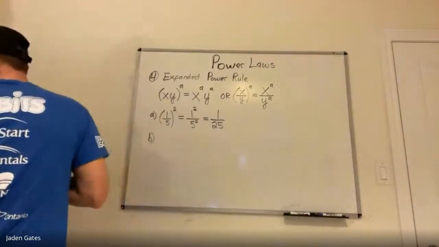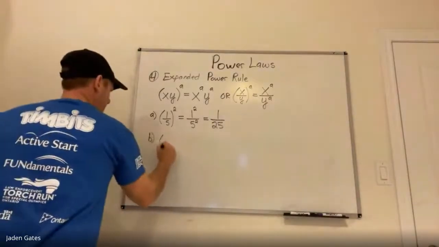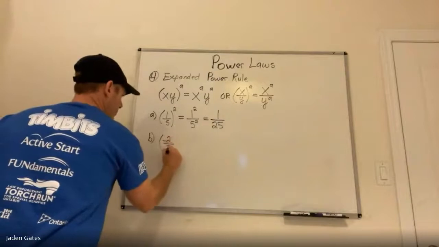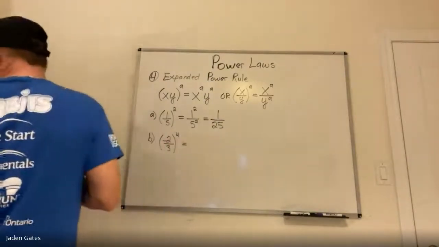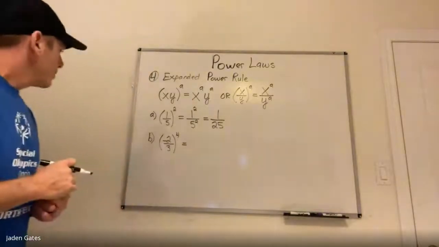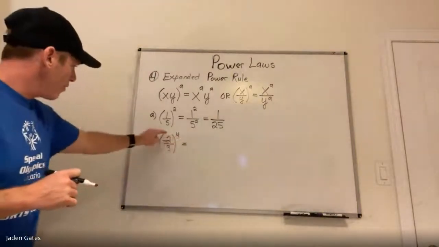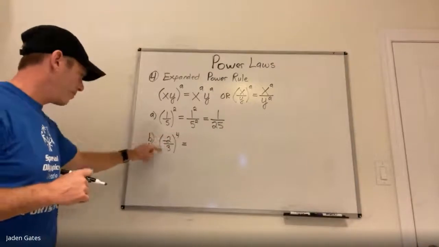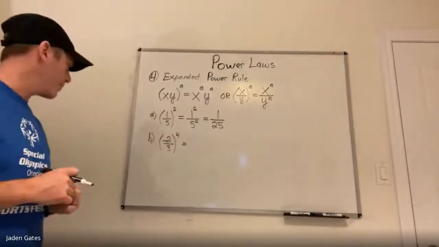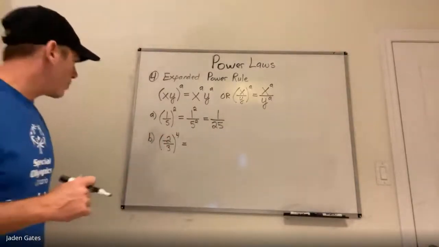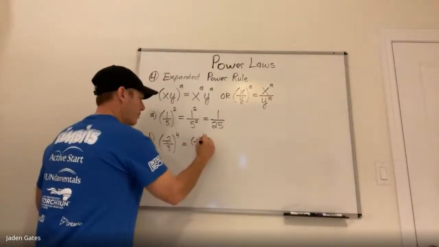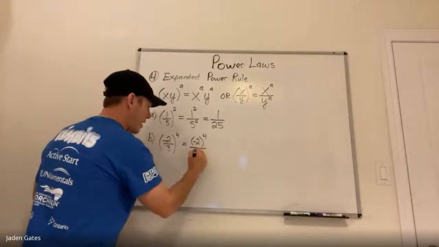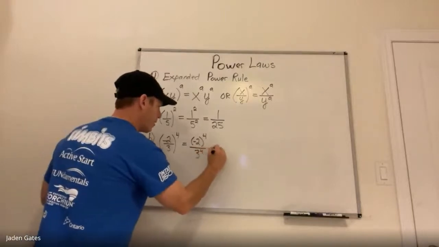B, we have something like negative 2/3 to the power of 4. All right, so again, we have an exponent there of 4. It's a fraction, but there are two numbers that make up this fraction inside the bracket. So I'm going to apply the exponent to both the negative 2 in the numerator and the 3 in the denominator.